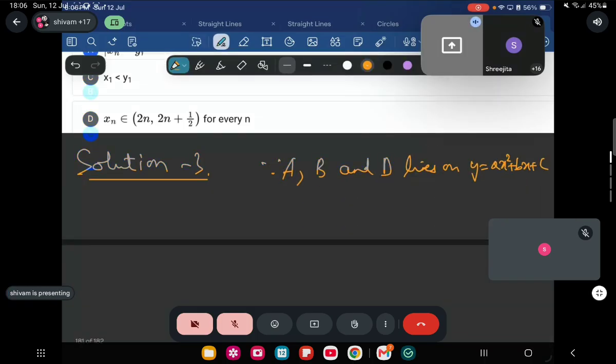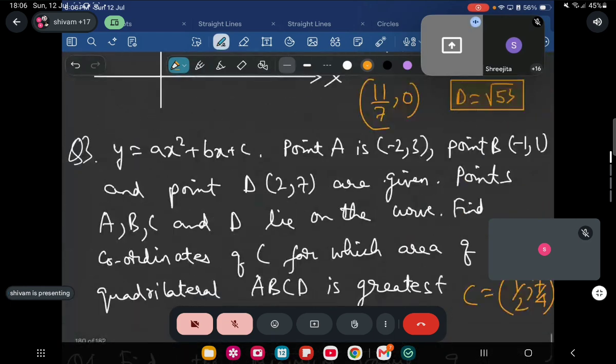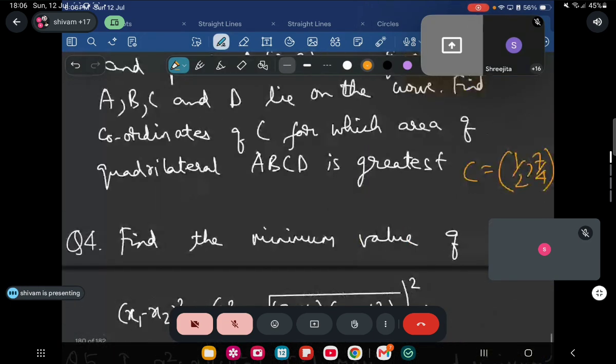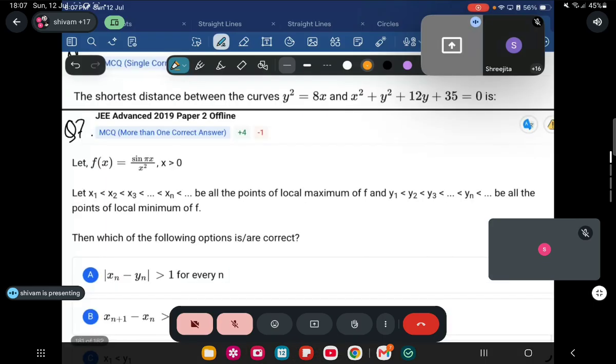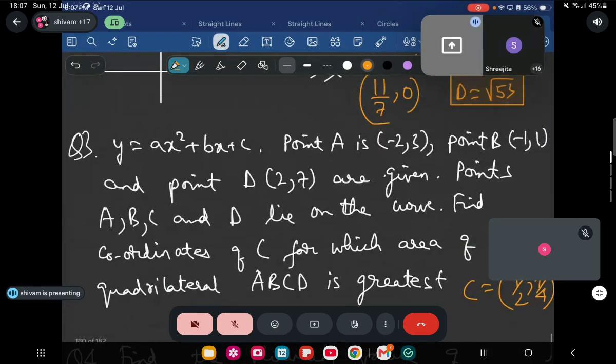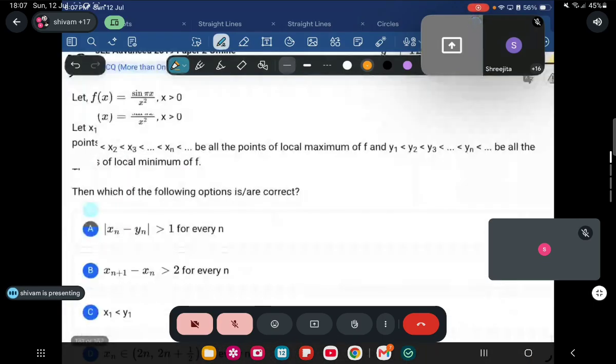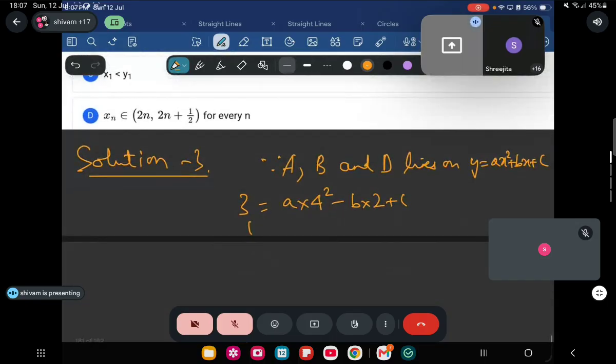Putting A, minus 2 comma 3, x equal to minus 2, y equal to 3. 3 will be equal to a into 4 minus b into 2 plus c. So from here we'll get one equation. Next, since B also lies, minus 1 comma 1, so 1 is equal to a minus b plus c.